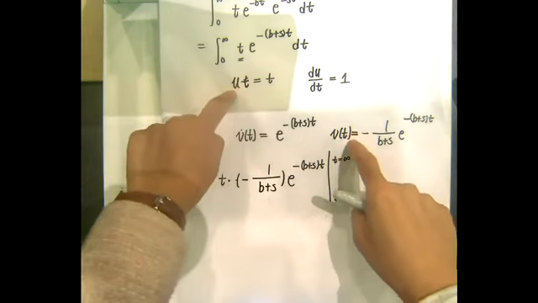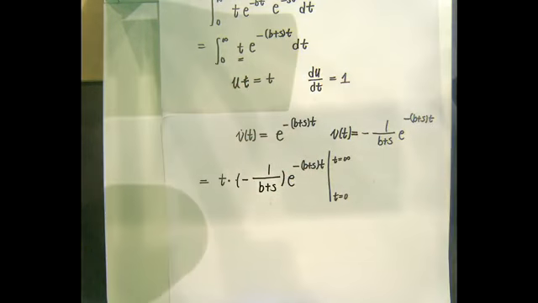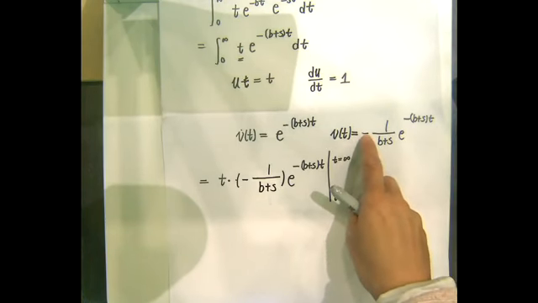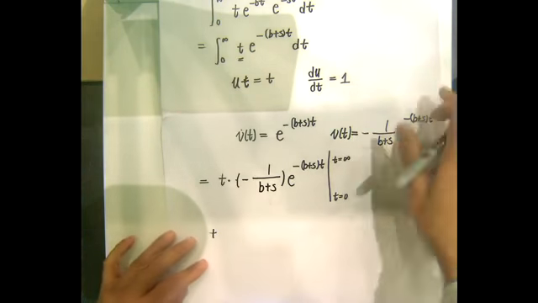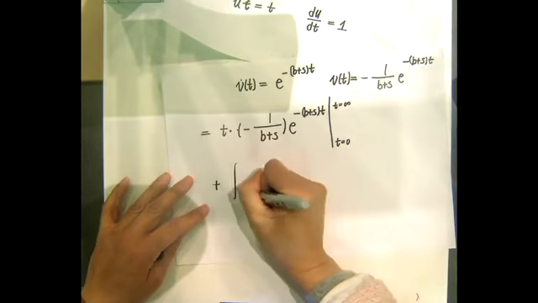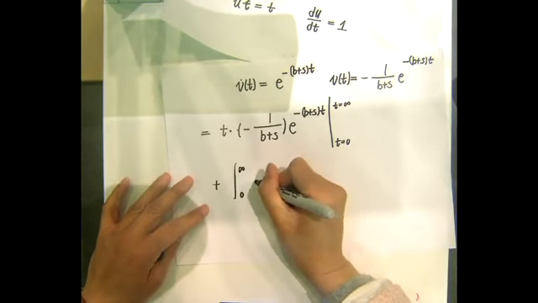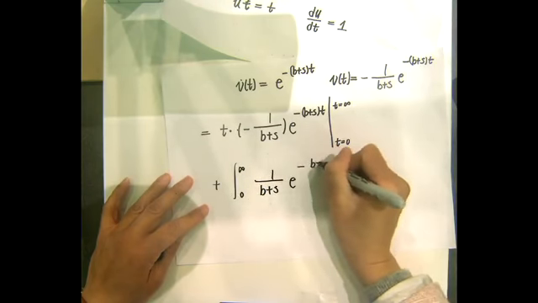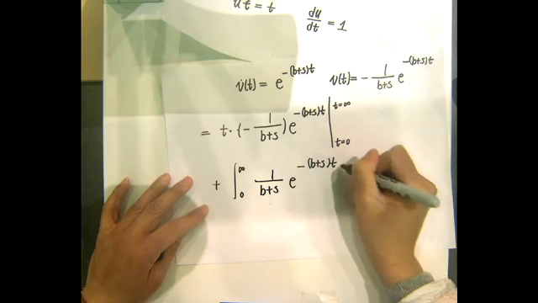So you basically use this part and this part again. And because v(t) has a minus sign, and I subtract, with the minus sign, I will have the integral from 0 to infinity of 1 over (b plus s) e minus (b plus s)t.